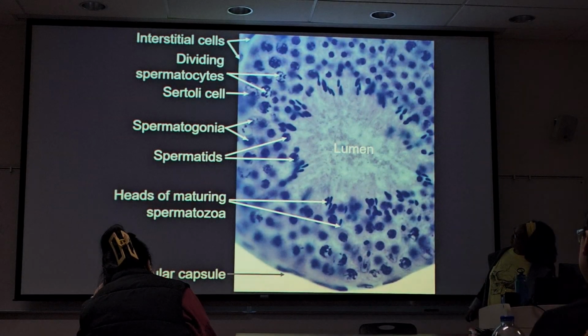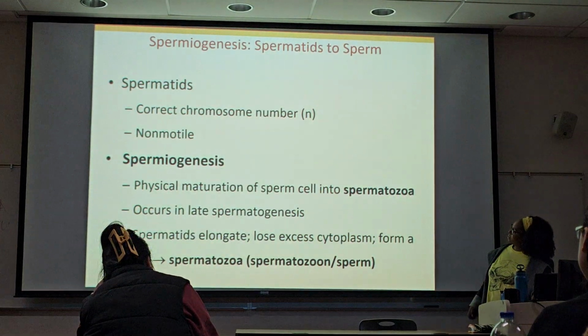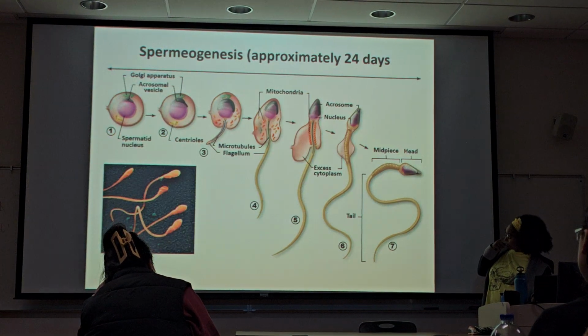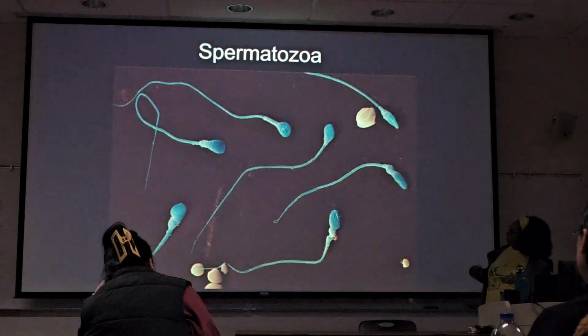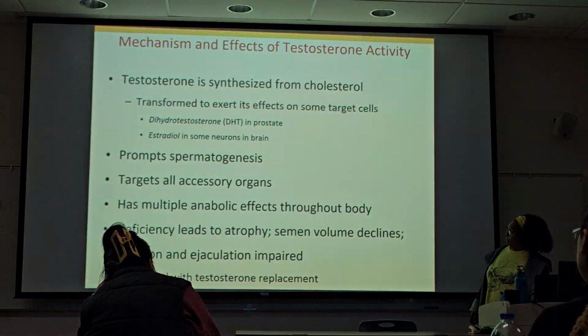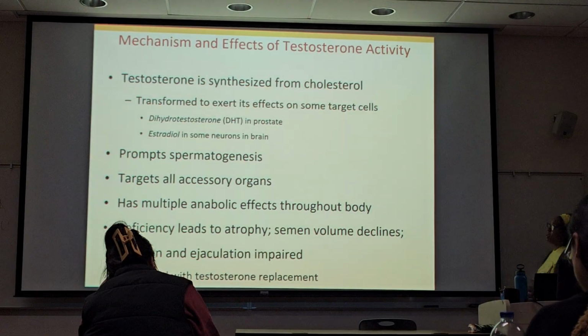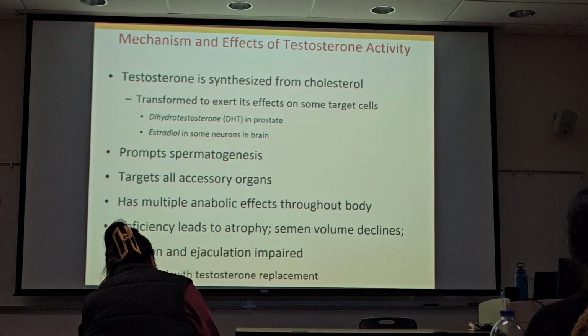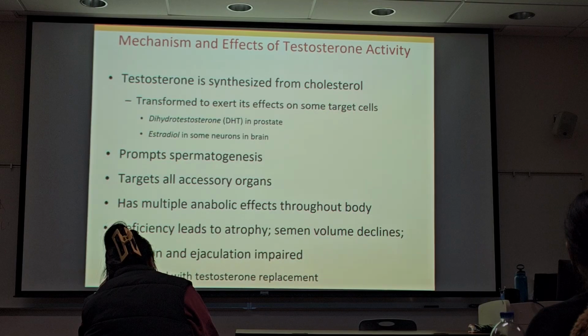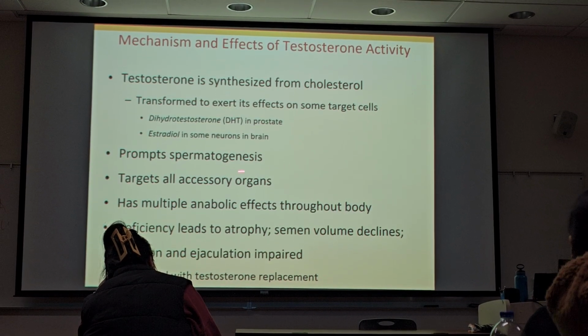And we'll see all of those in Lab C, we'll see more of that. Okay, but this testosterone is the major male androgen or sex hormone. Its job is to promote spermatogenesis.